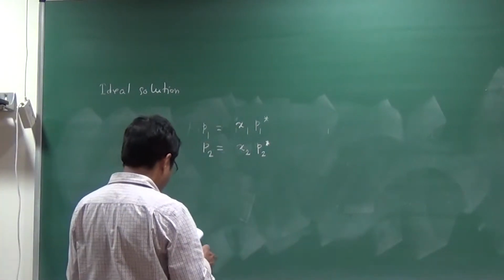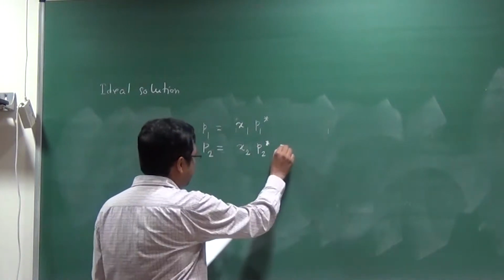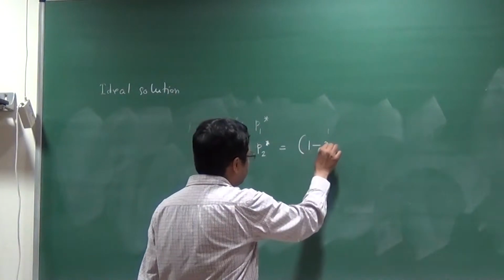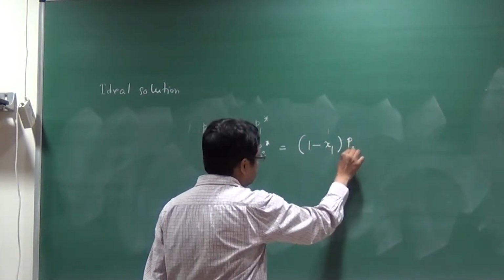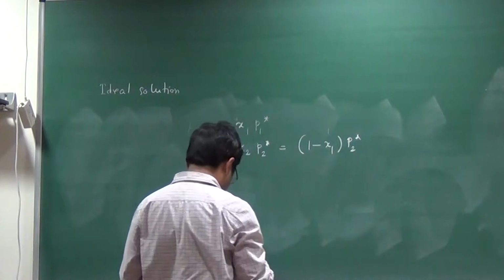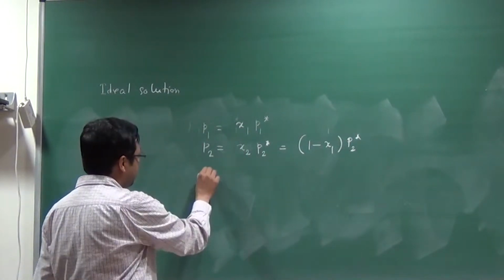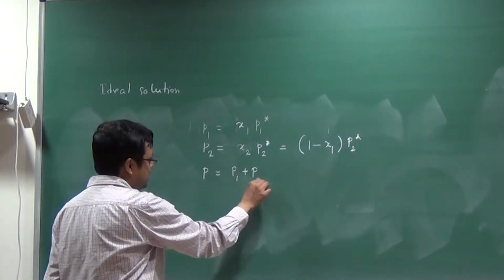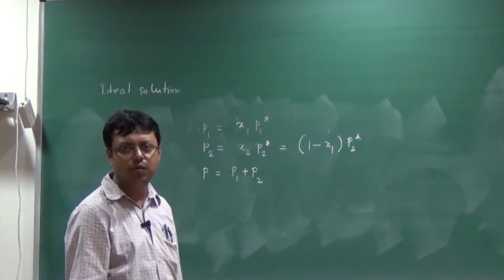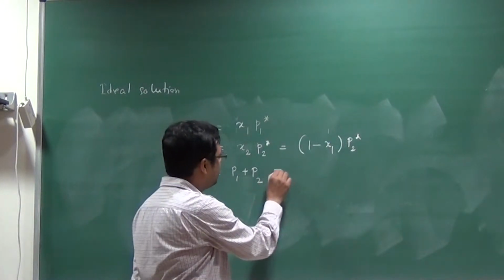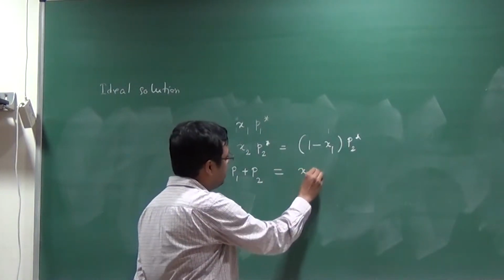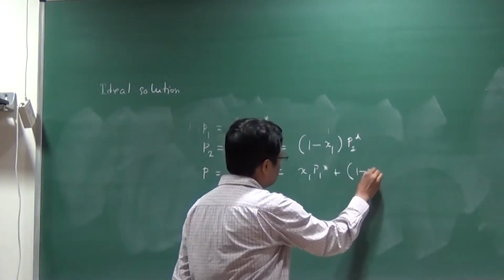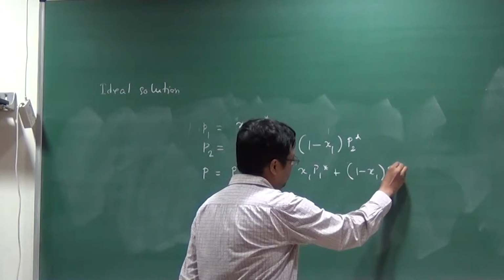Now I can write x2 means 1 minus x1, times p2 star. And then what will be the total pressure? The total pressure is the addition of the vapor pressures. So I can straightforwardly write it: x1 p1 star plus 1 minus x1 times p2 star.